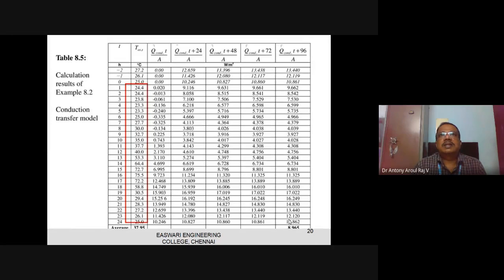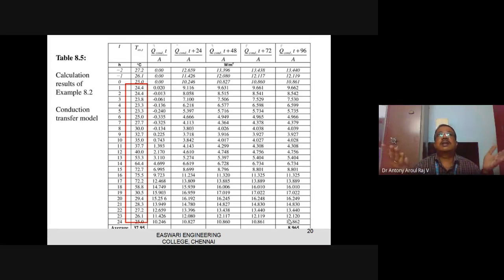If the night temperature is around 25 degrees, the next day at the same time it should also be 25 degrees if there is no major disturbance. That means it is correct. Similarly, if the heat entry into the building at 1 o'clock today is 25 kilowatt, the next day also it should be 25 kilowatt. That means your thing is correct. That is how we find out.